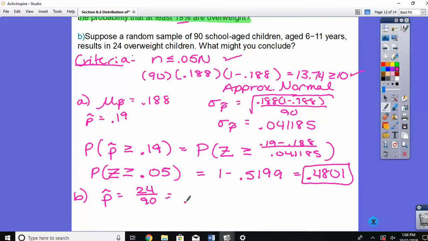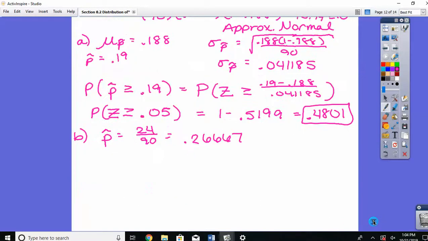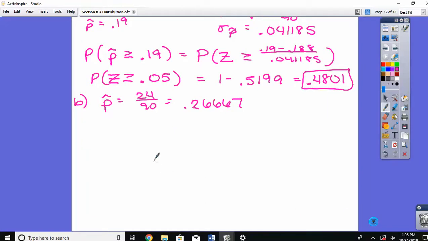And that is 0.26667. Okay. So we are trying to decide if this is unusual or not, to have 24 overweight. Let's find the probability that we would have more, greater than or equal to that.